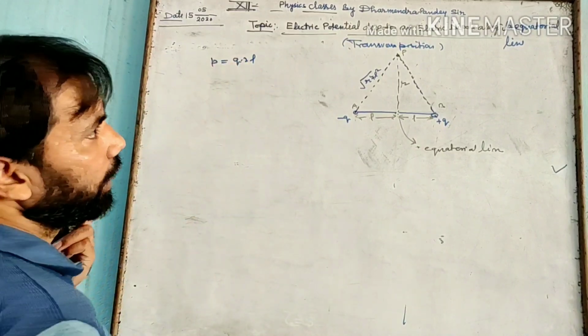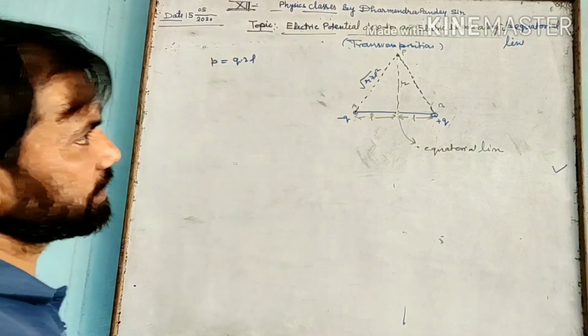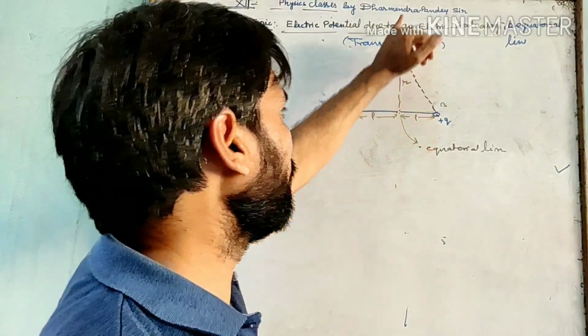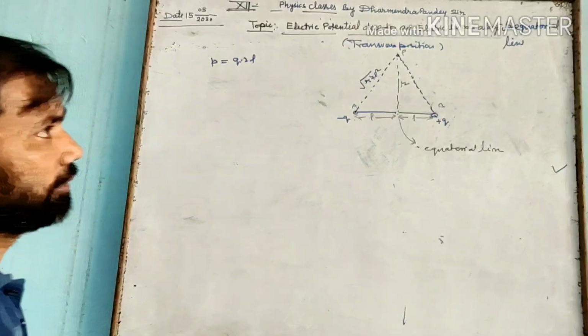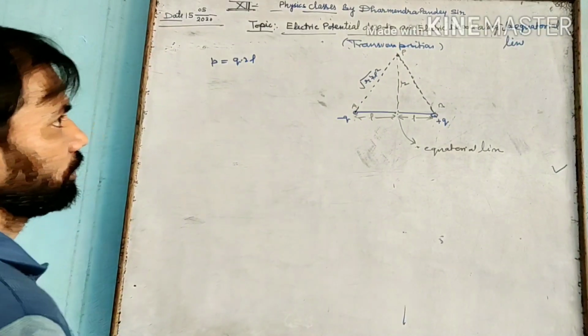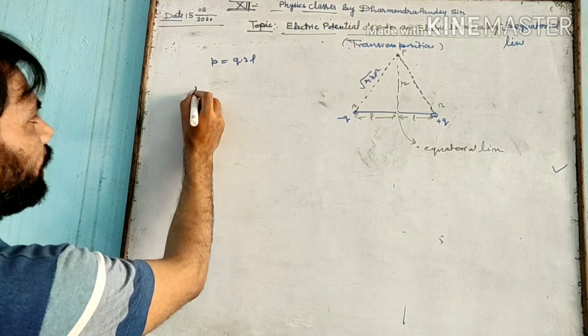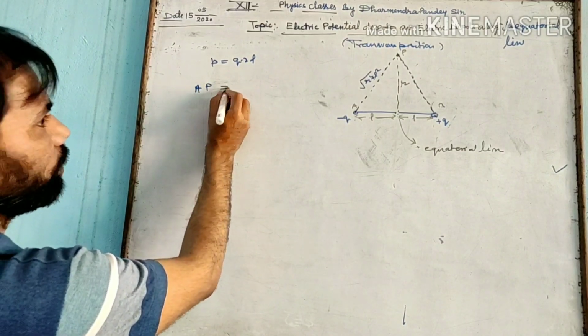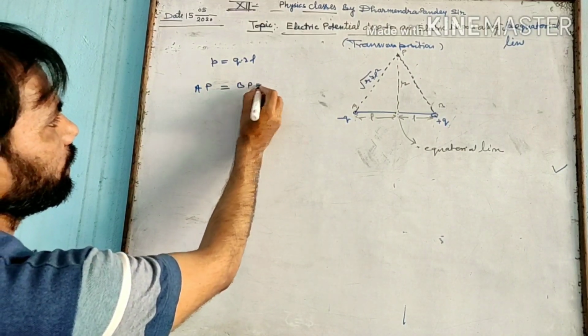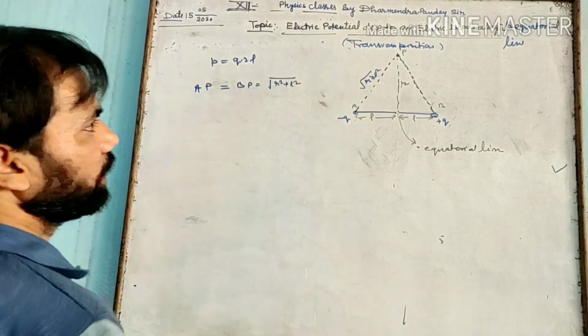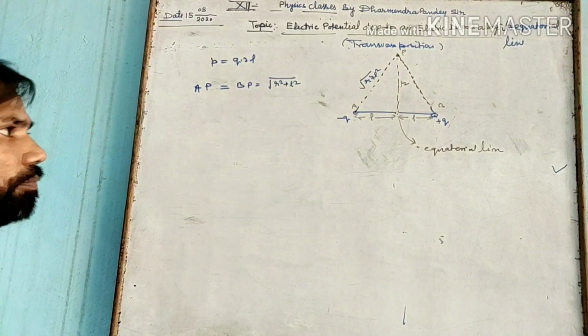Okay, and P be a point at a distance r from the center of the dipole along its equatorial line. Definitely AP is equal to BP is equal to under root r square plus L square, as from Pythagoras theorem.